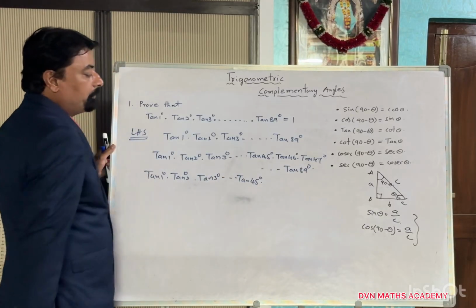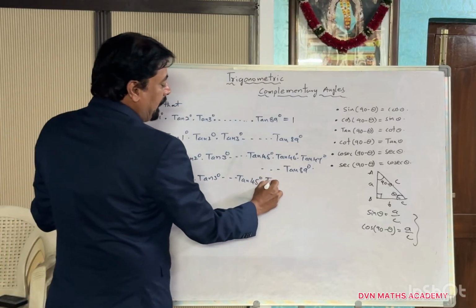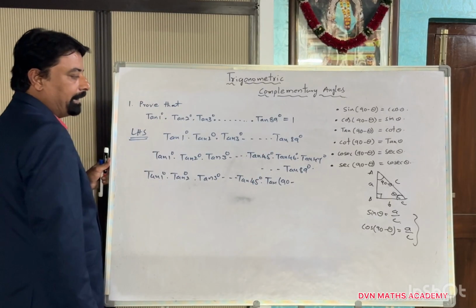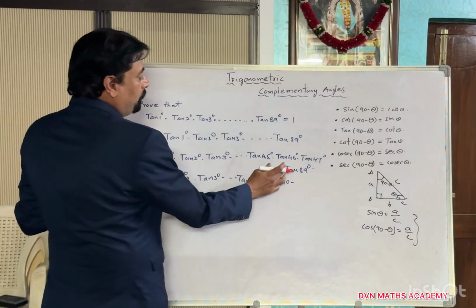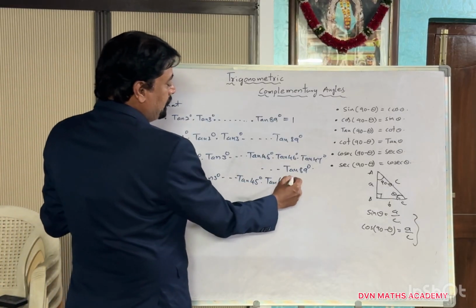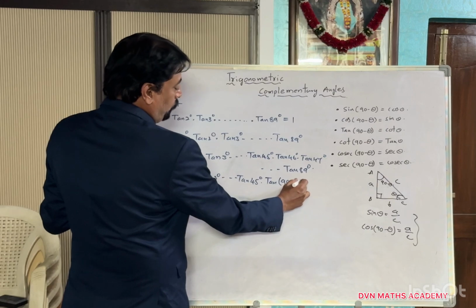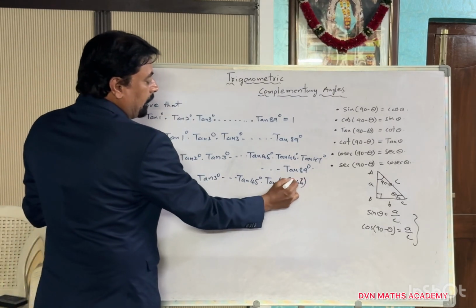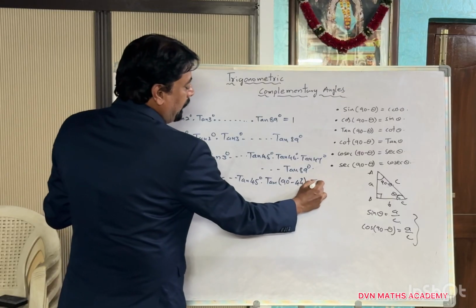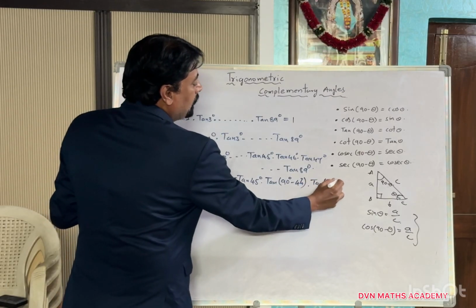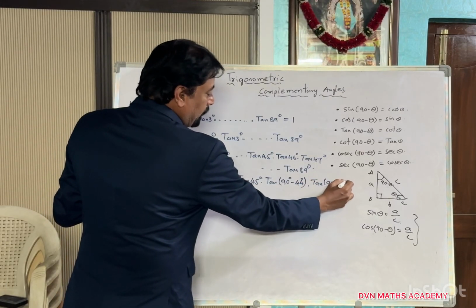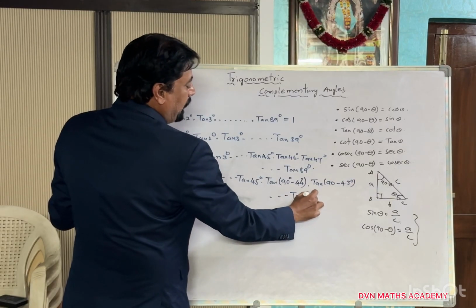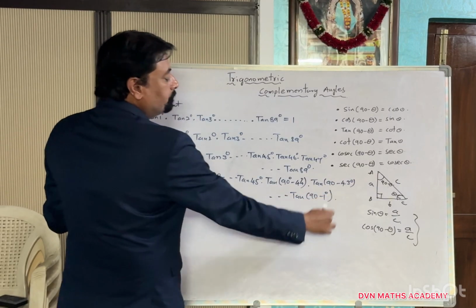Here, tan 46 I will write as tan(90 minus 44) degrees. In the same way, tan 47 I will write as tan(90 minus 43) degrees, like that. The last one I can write as tan(90 minus 1) degree.